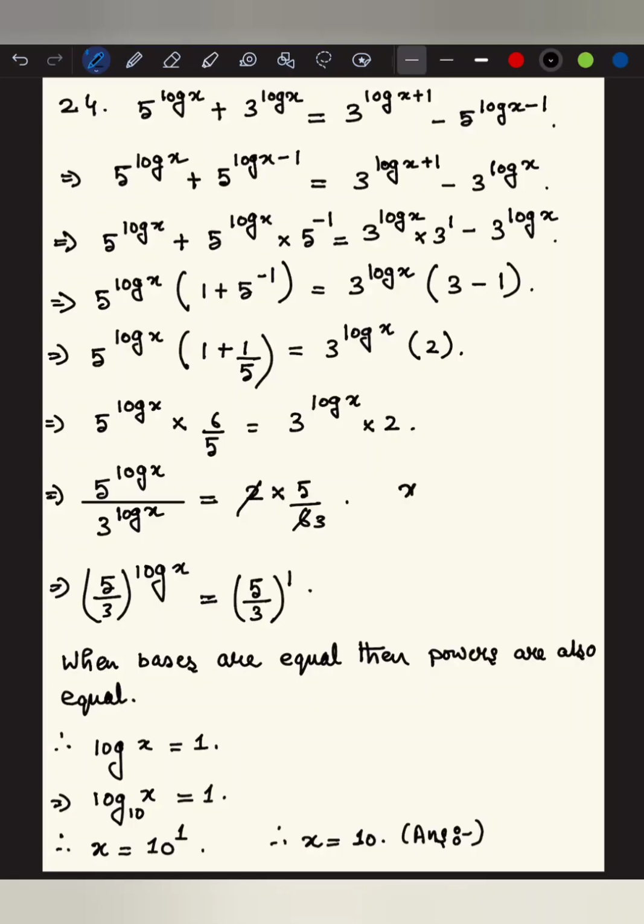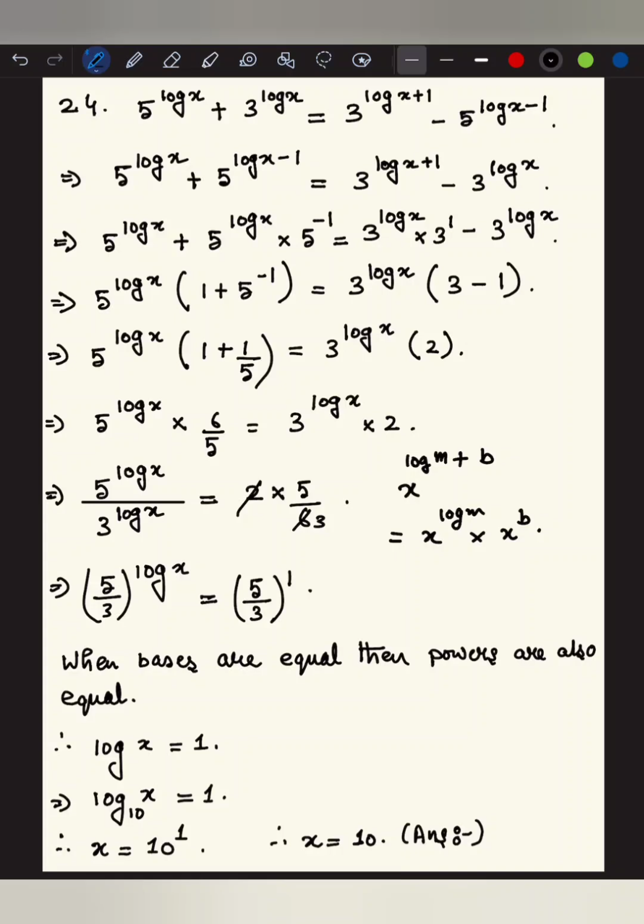Let me explain this. x to the power a plus b can be written as x to the power a into x to the power b. Now in place of a, I have written log m. So this a will be log m.